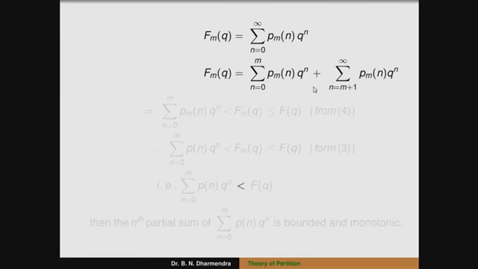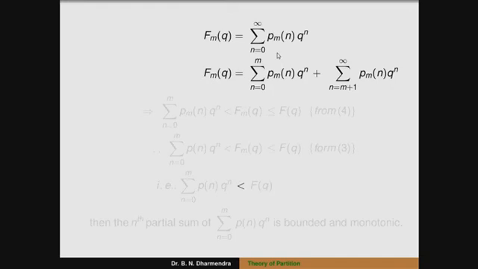We can consider f suffix m of q equal to the summation n running from 0 to infinity of p suffix m of n into q to the power of n. So we split the terms: the first part, n running from 0 to m, of p suffix m of n into q to the power of n, plus the second part, n equal to m plus 1 to infinity, of p suffix m of n into q to the power of n.